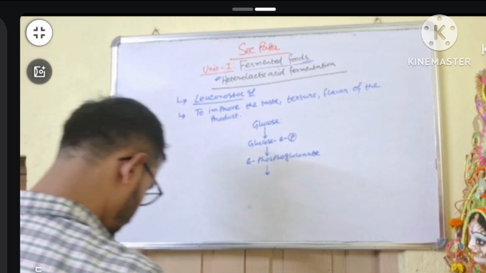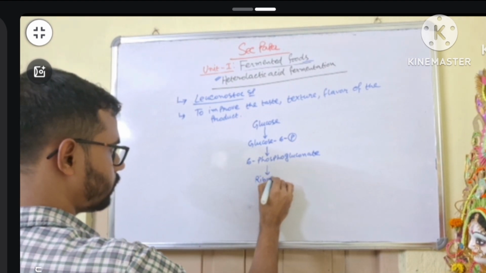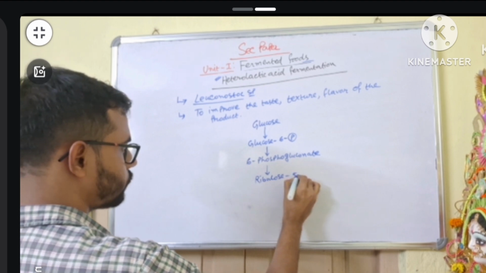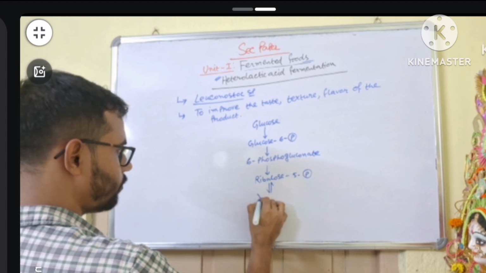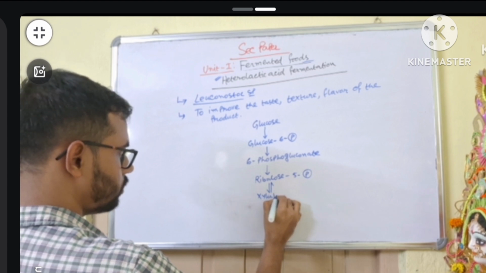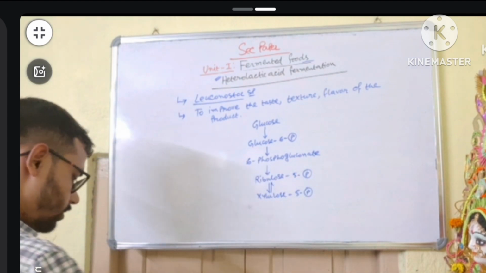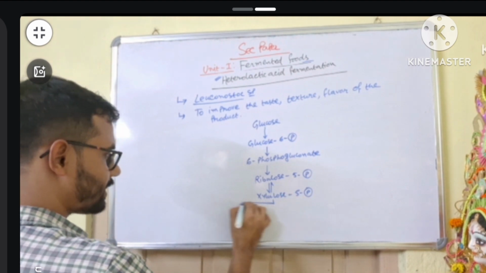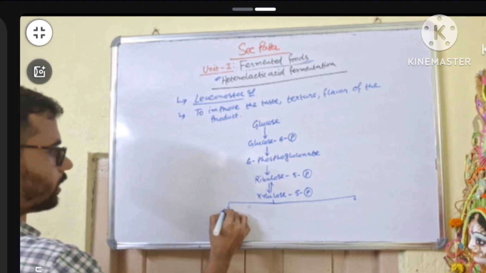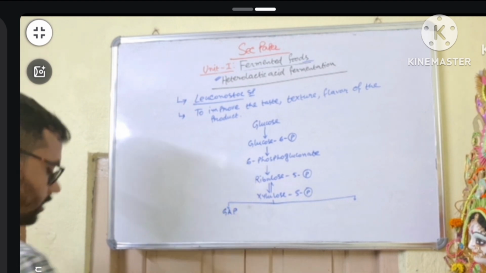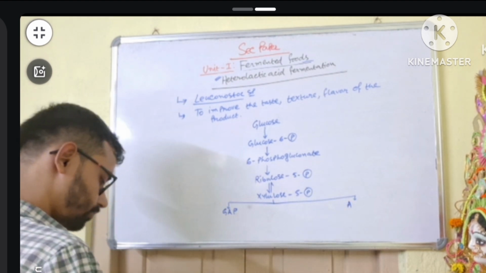This 6 phosphogluconate is further converted into ribulose 5 phosphate, and from ribulose 5 phosphate, xylulose 5 phosphate is produced. Xylulose 5 phosphate splits into GAP, glyceraldehyde 3-phosphate, and acetyl phosphate.